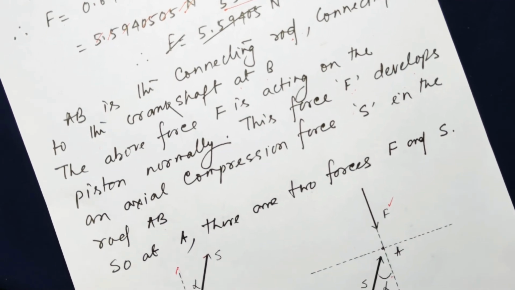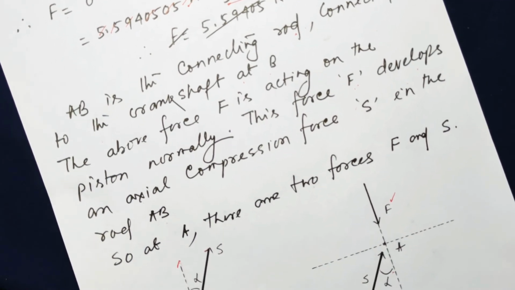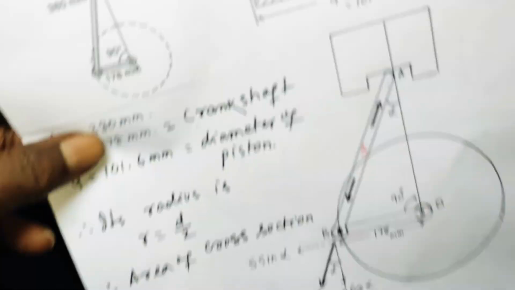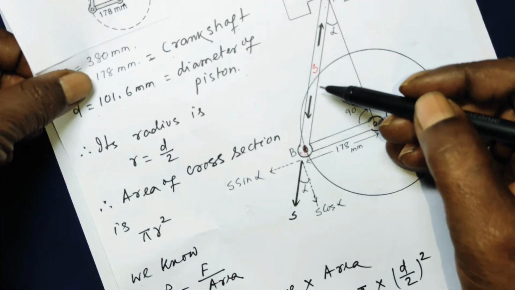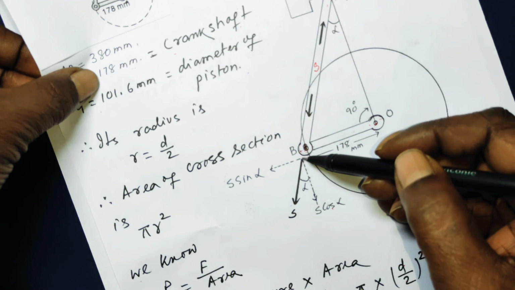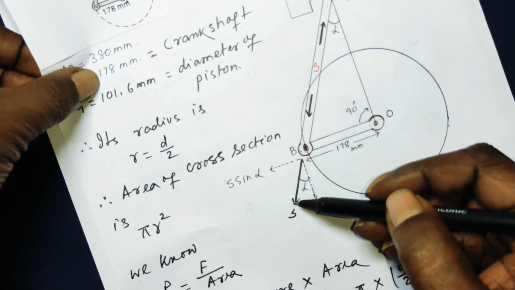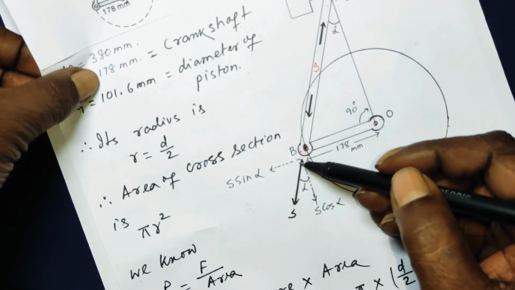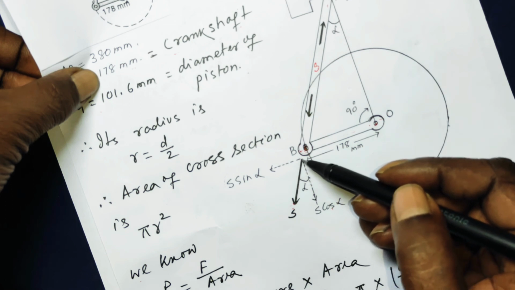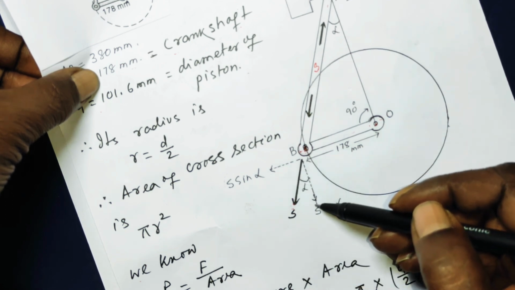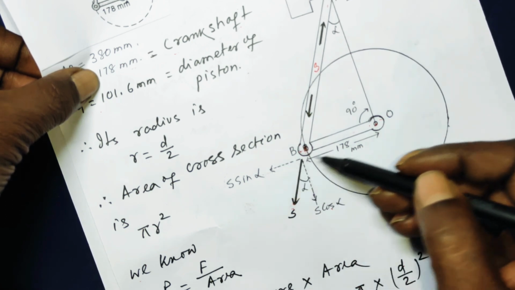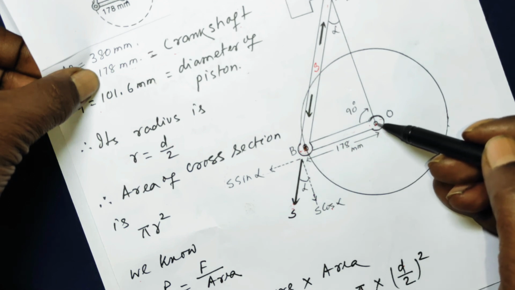Now look at the point B. The same axial force S is acting towards point B also. So at point B, I resolve S into two rectangular components, S sin alpha and S cos alpha. S sin alpha is along the same line.